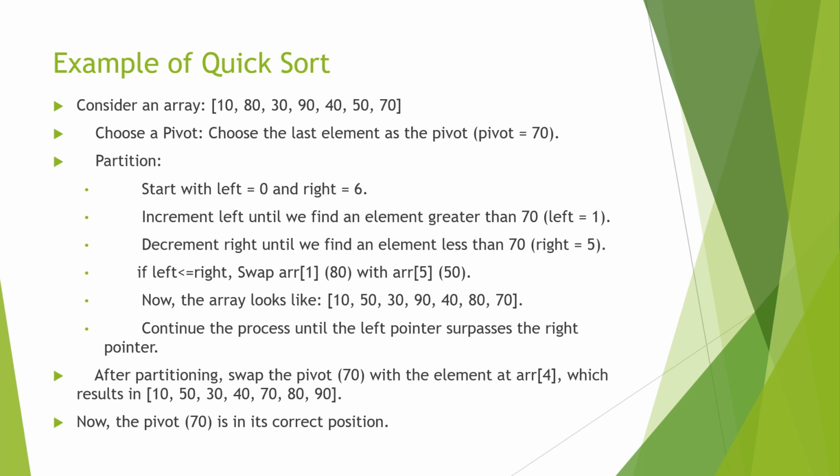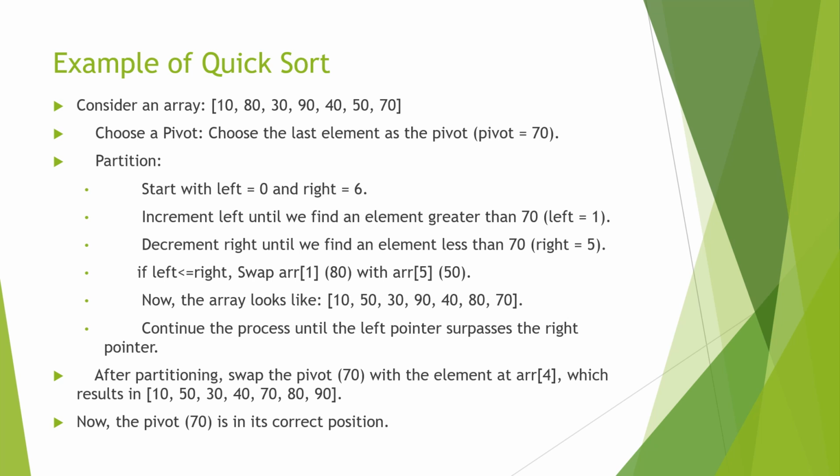Now we have to increment the left pointer until we find an element that's greater than 70, because 70 is the pivot element. If you see, at left is equal to 1, we get the element that is greater than 70. Then we have to decrement the right pointer until we find an element which is lesser than 70, the pivot element.